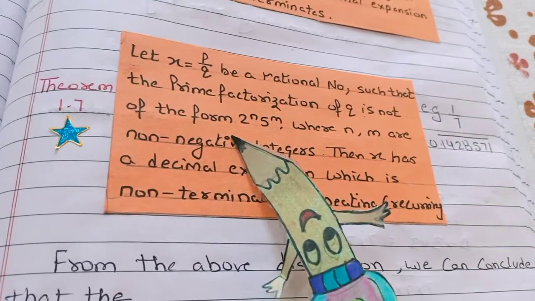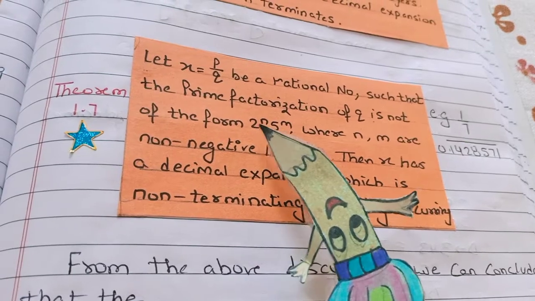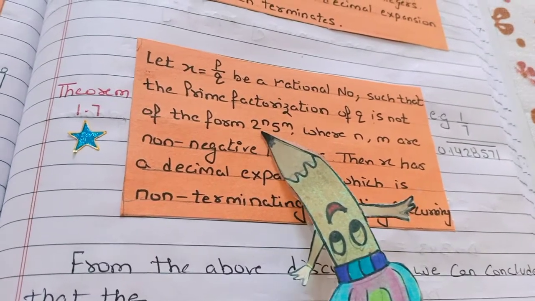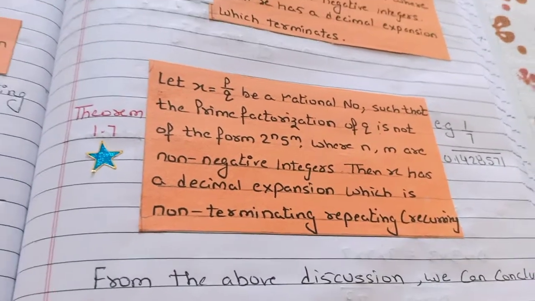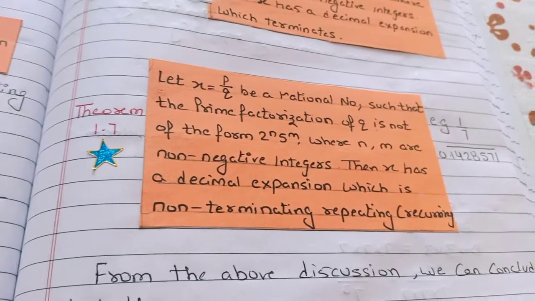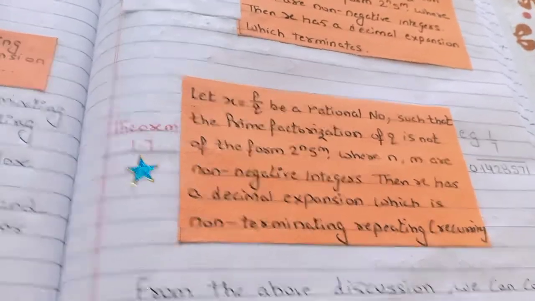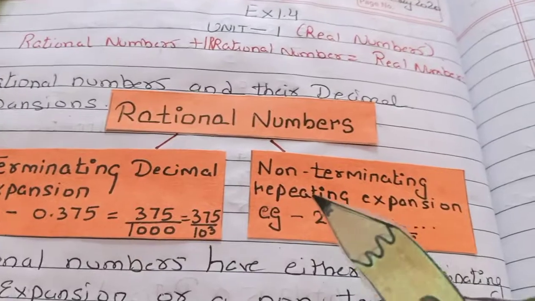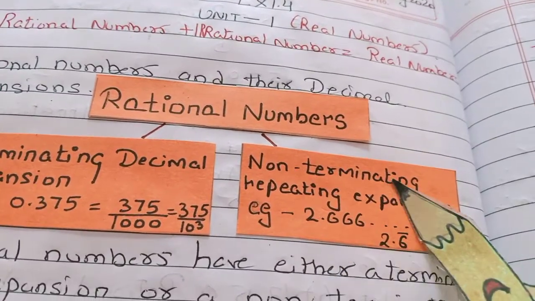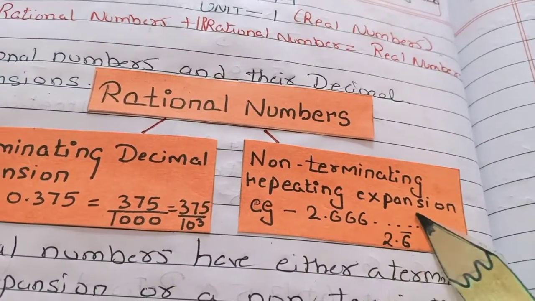When the denominator is not written in the form 2 raised to power n and 5 raised to power m, in that case the decimal expansion of the rational number is non-terminating repeating.